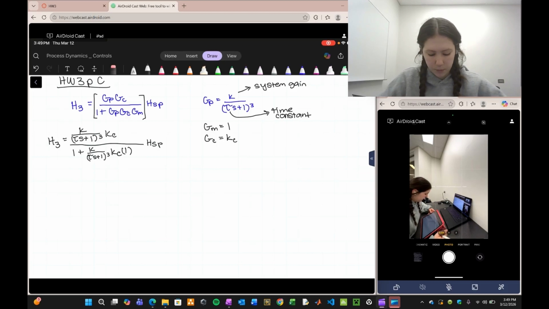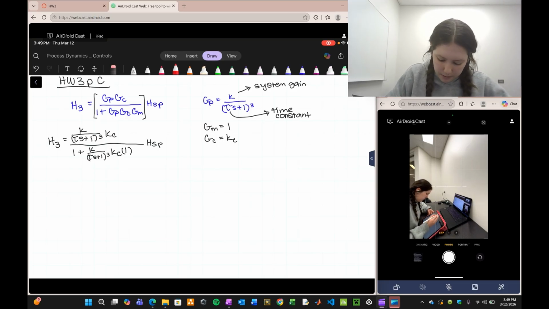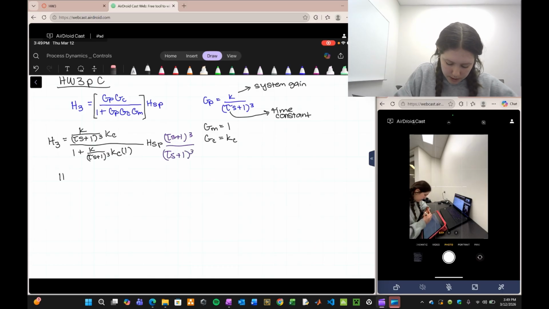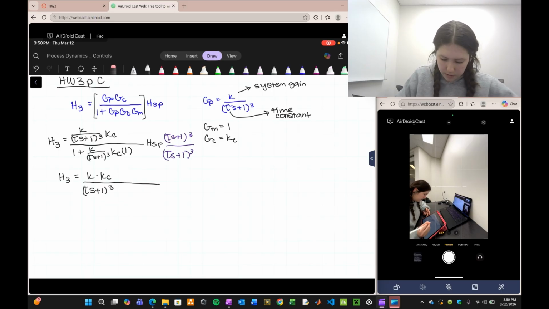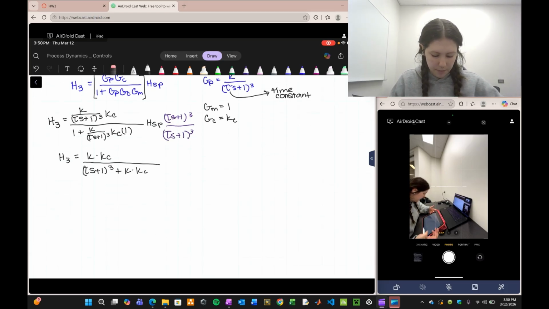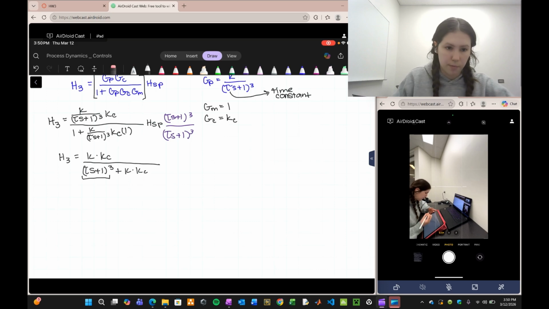So to simplify this, we can multiply everything by tau S plus 1 cubed. And we will get H3 equals K times KC over tau S plus 1 cubed plus K times KC. And then we can expand out this term here.